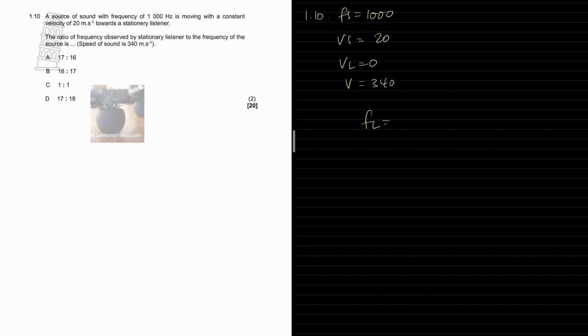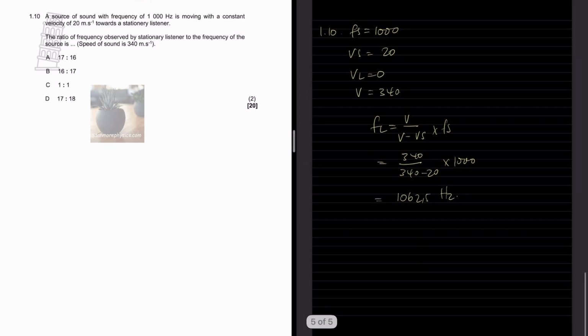So you can say FL is equal to V over V minus Vs multiplied by Fs. That's 340 divided by 340 minus 20 times 1000. And that gives us 1062.5 Hertz. Now, they want the ratio. So FL over Fs is what they want. So 1062.5 over 1000 is 17 over 16. So the answer here is A.